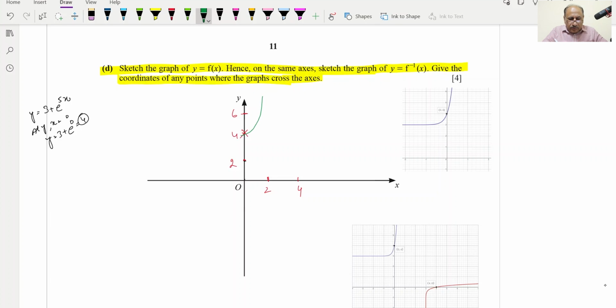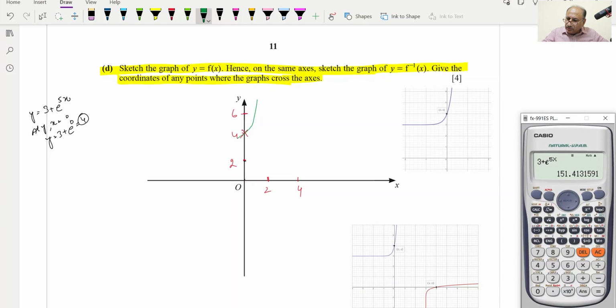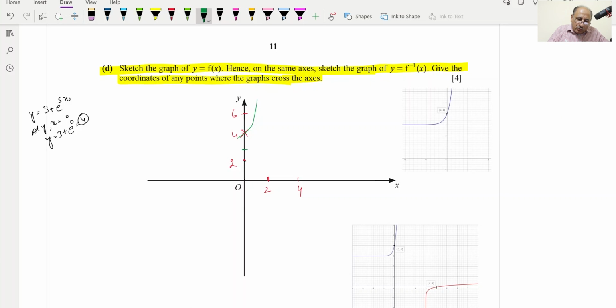Now if we take the minus side, we can calculate for minus 0.5, and it is 3.9, so it's going down. 3 is over here, so closer to 3.